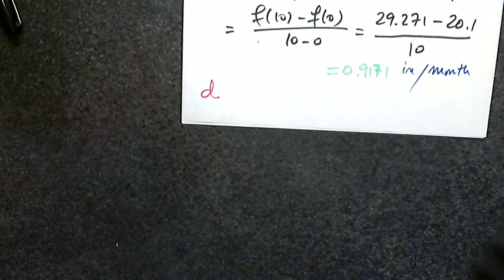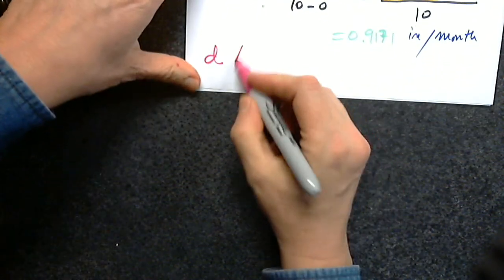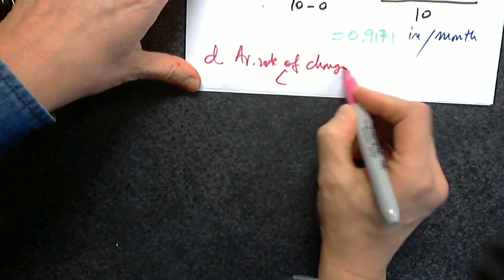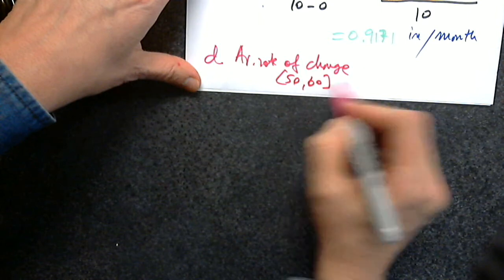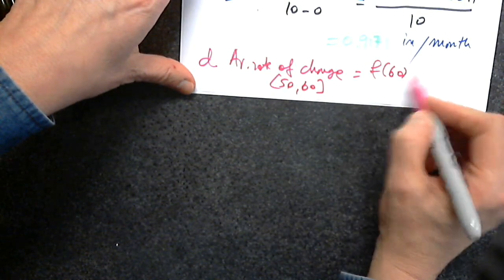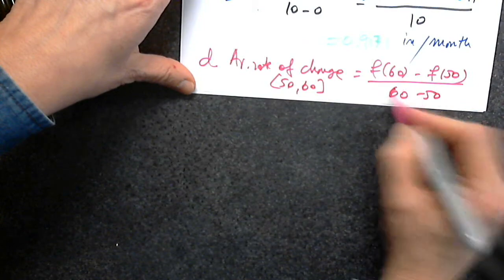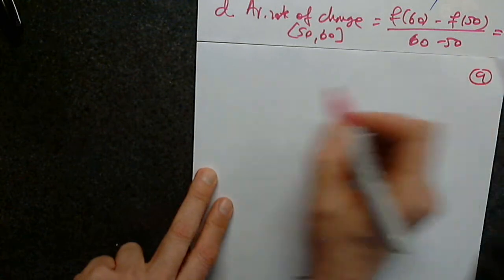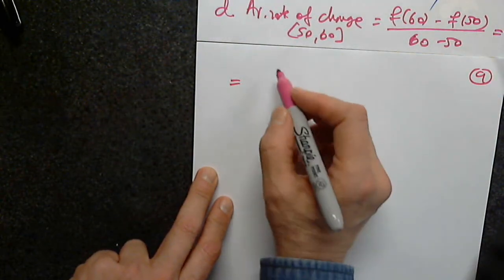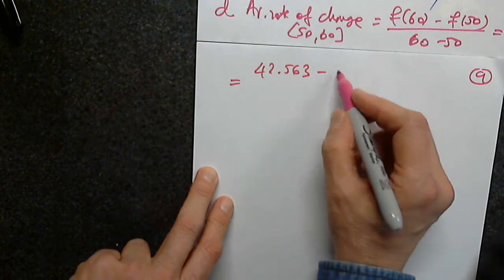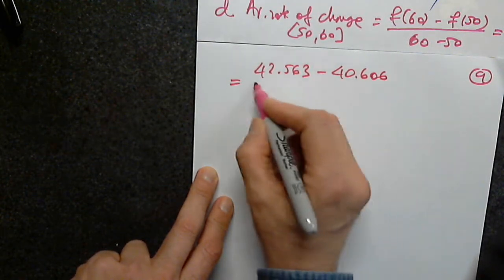Part D. Use the model to find the average rate of change between 50 and 60. The average rate of change between 50 and 60, the same thing, will be f of 60 minus f of 50 divided by 60 minus 50. I have the numbers, I just determined them a minute ago. So f of 60, 42.563 minus 50, 40.606.